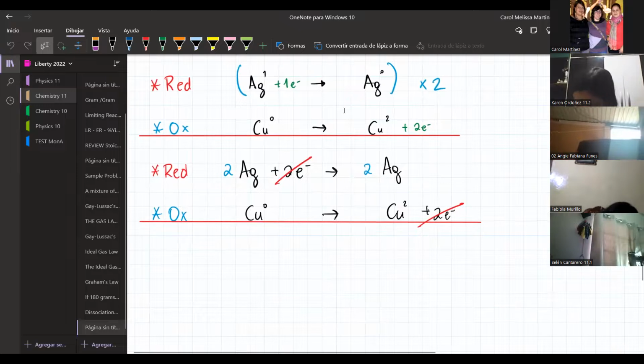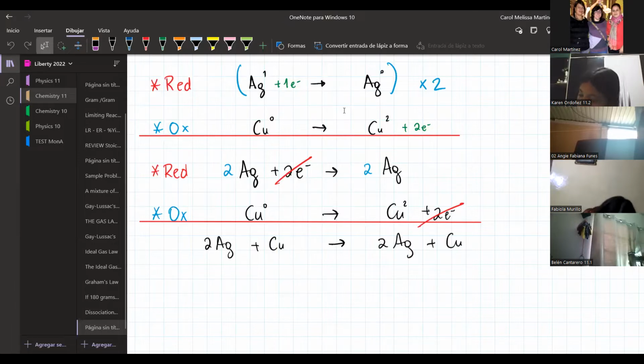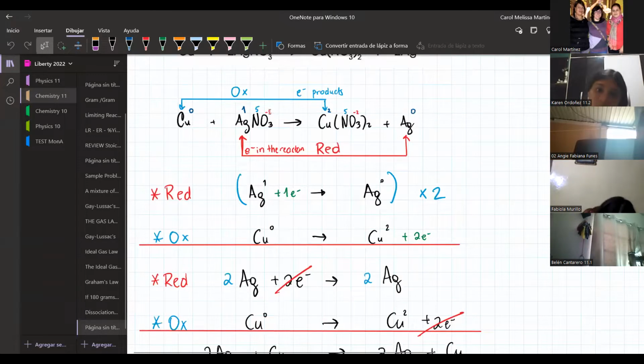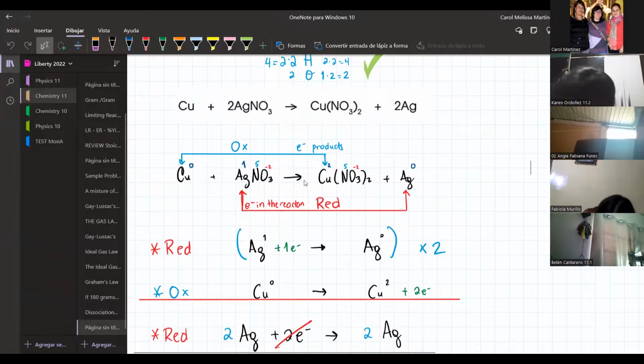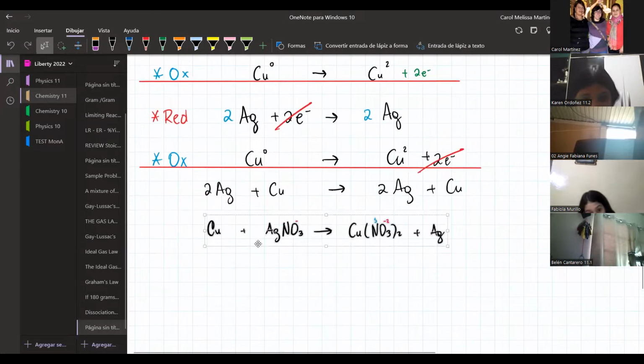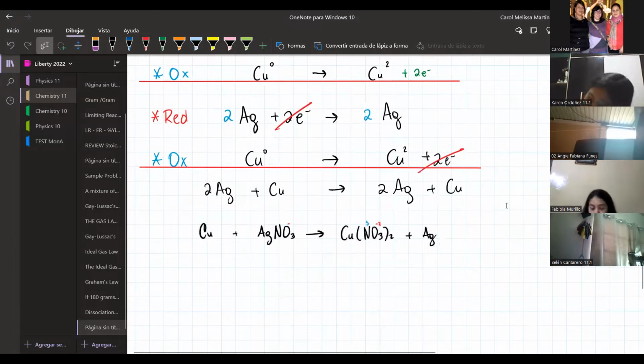So you will have to add now 2 silver and copper, producing 2 silver and copper. So the coefficient for copper is going to be an invisible 1. And then you're going to copy your main equation, and then you're going to balance, okay?